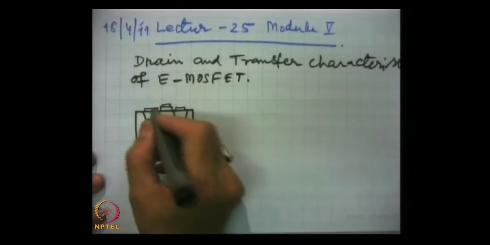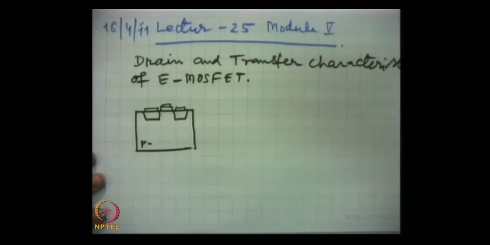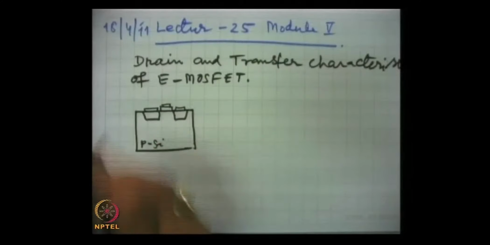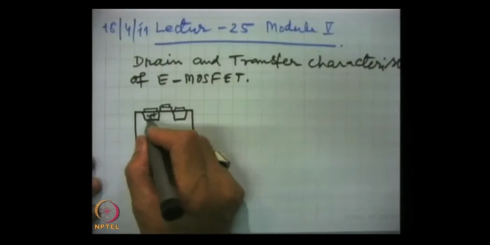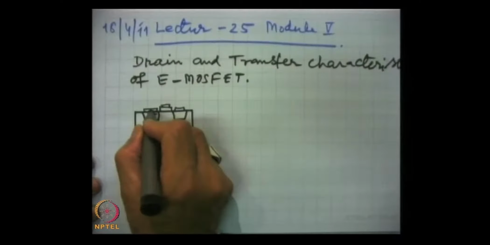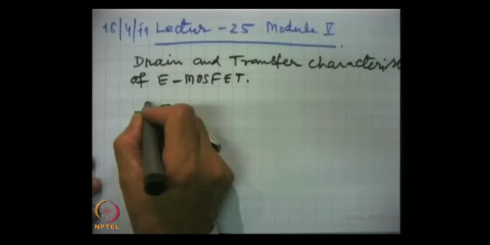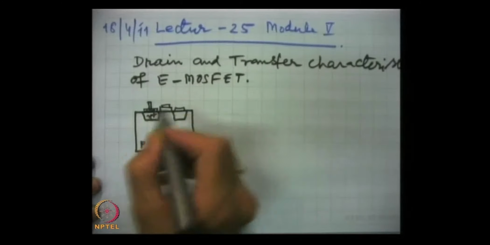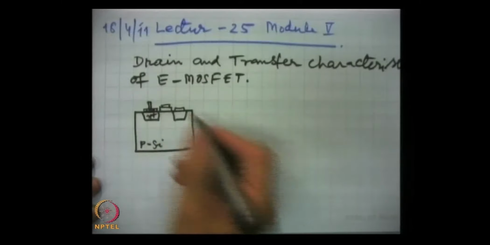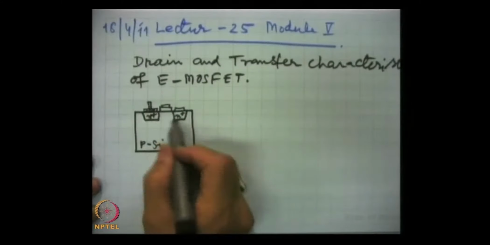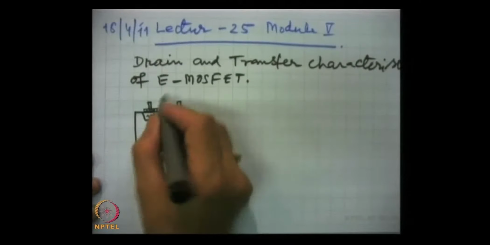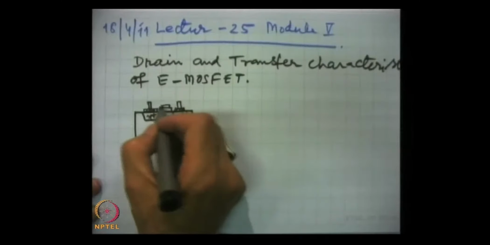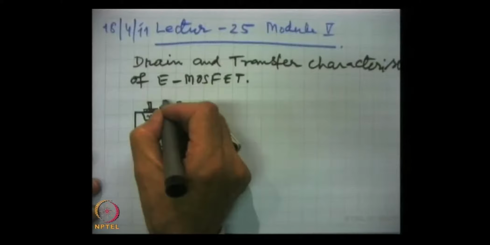This is the P substrate, for example, P silicon, and this is moderately doped N type. This is the metallic contact, and so it makes it source. This is the SiO2 layer. This structure we have talked about, and this is another metal electrode here, and this is drain, and this is the metal electrode on the gate. So, this is the gate electrode.